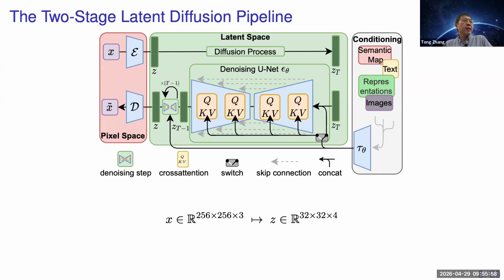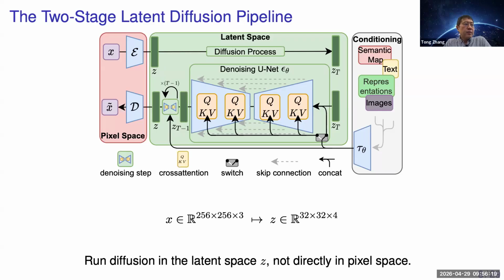If you go to even higher resolution like 1024, then you will have a larger latent image. You cannot downsample indefinitely; you downsample only by a certain amount so that it is reasonable. So you run diffusion in the latent space, not directly in the pixel space. This is essentially how it works.